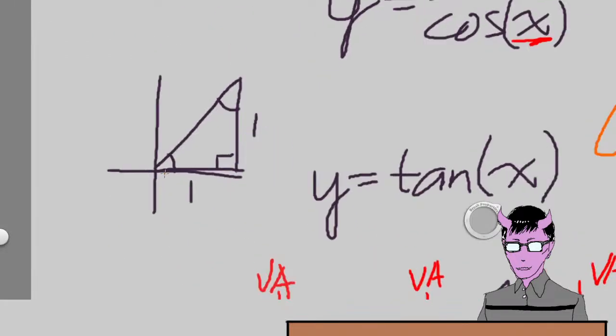If you plug in pi over 6, that's going to be the slim angle opening up to the slim side. And the ratio for this reference triangle is 1 to 2 to root 3. So the tangent of this one is going to be 1 over root 3, aka root 3 over 3.